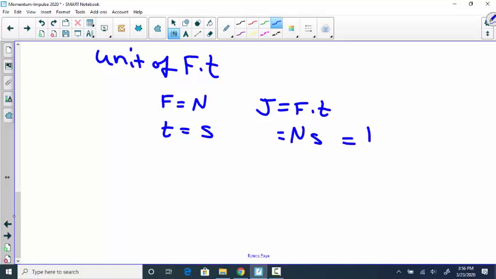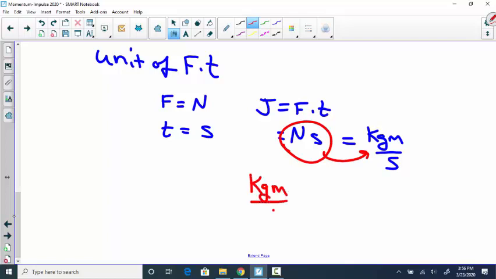The units of change in momentum are kilogram meters per second. So is this the same as that? If you write out what a Newton is, a kilogram meter per second squared, times that second, that would cancel that second and that second, which gives you your kilogram meter per second. So the units are the same. It's just a weird thing that when we talk about impulse, we always talk Newton seconds.